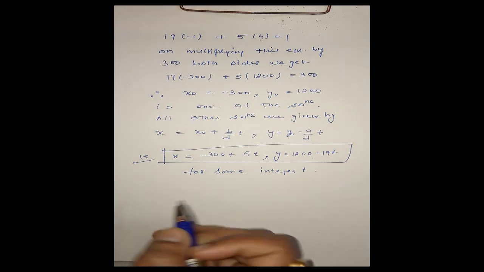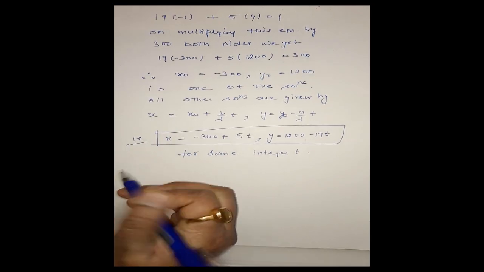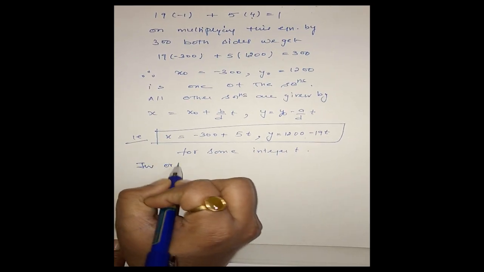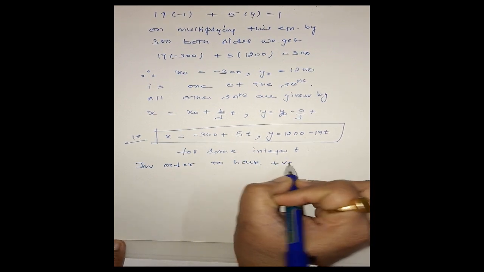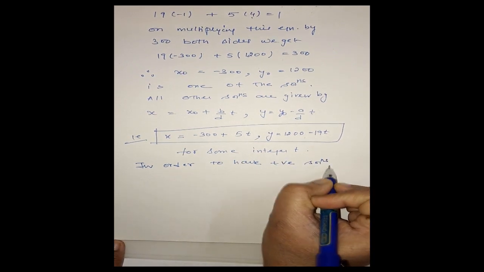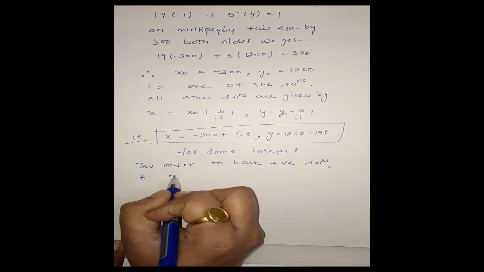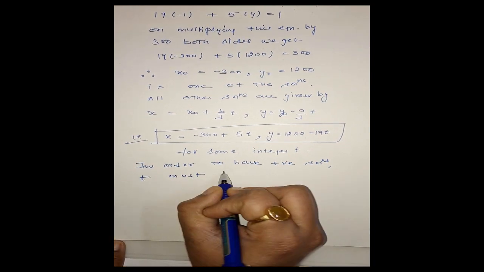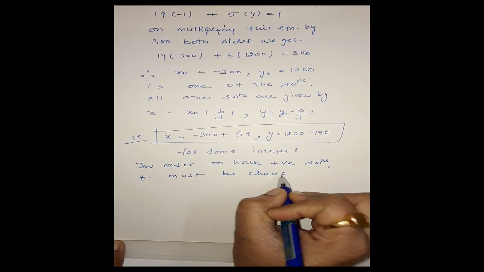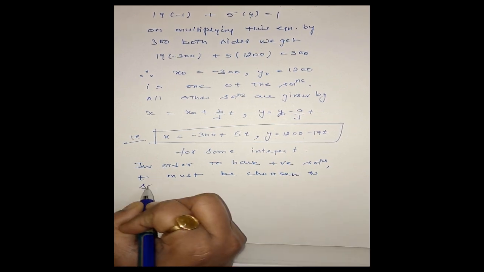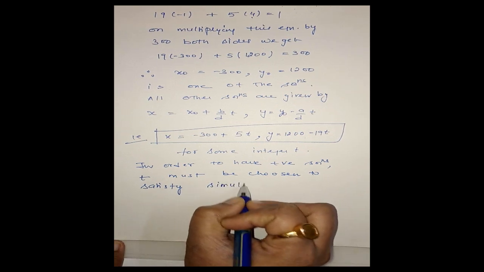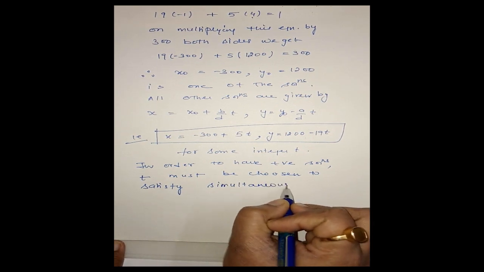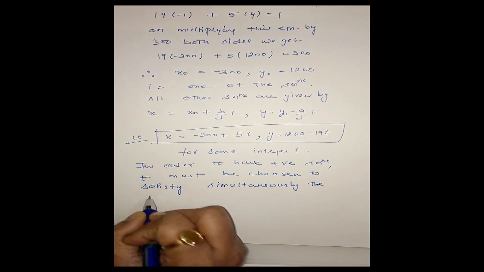Now, in order to have positive solutions, t must be chosen to satisfy simultaneously the inequalities.